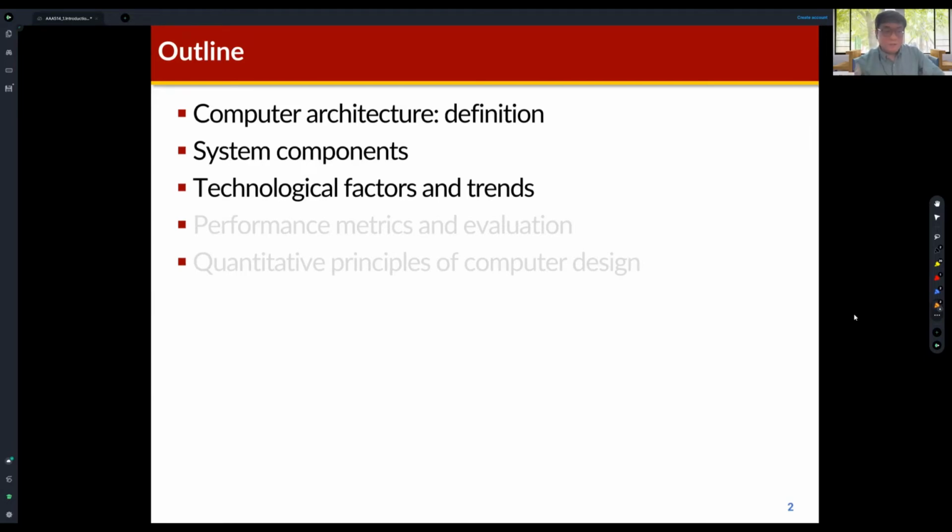Actually it's a semiconductor chip or VLSI chip. So the performance and the cost of this processor chip are tightly related to the technology in semiconductor. So I will also introduce some technology factors and trends in the semiconductor industry.